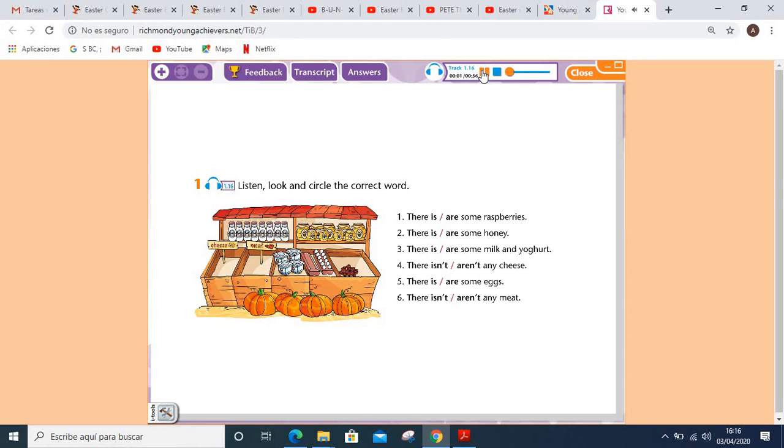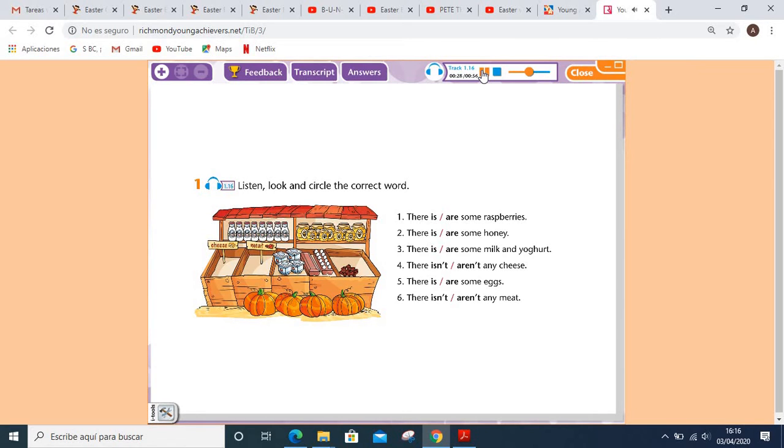Listen, look, and circle the correct word. Welcome to the farmer's market. Look over there. There are some raspberries. They're so red and juicy. There is some honey over here. It's brown and very sweet.